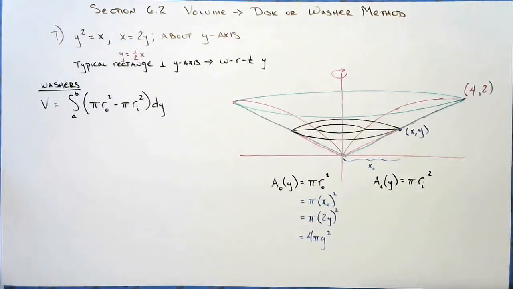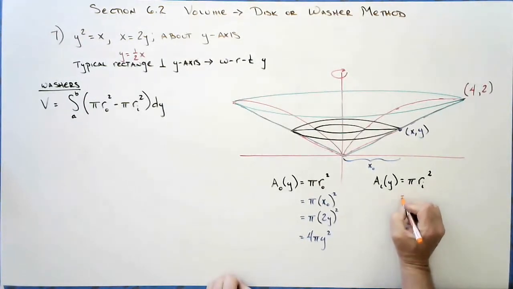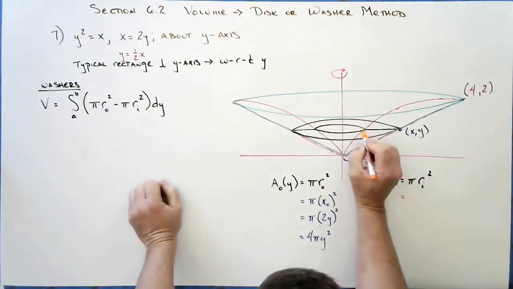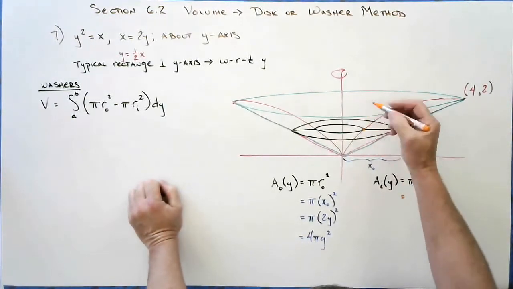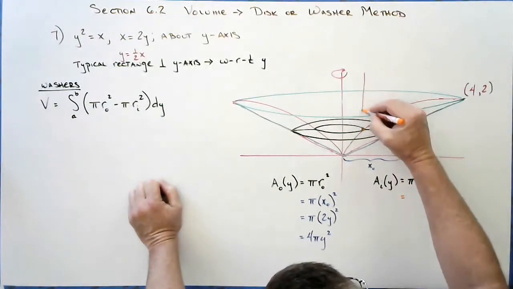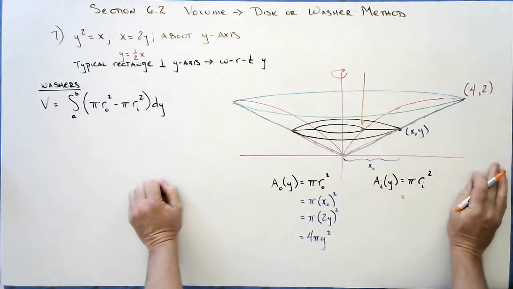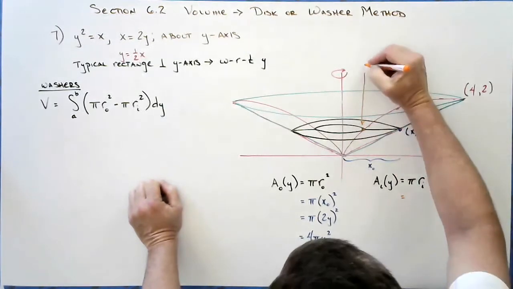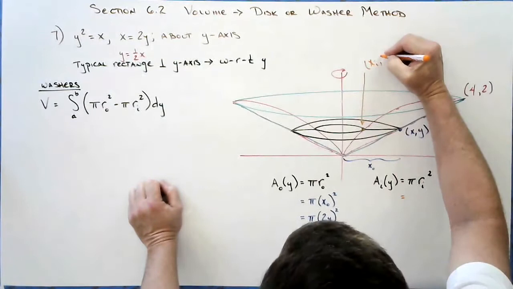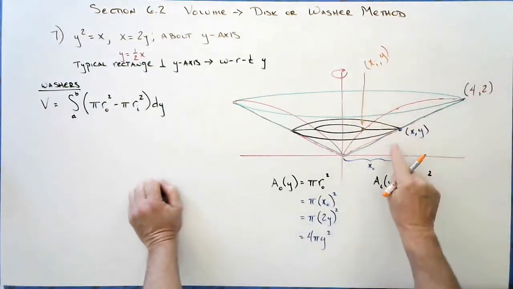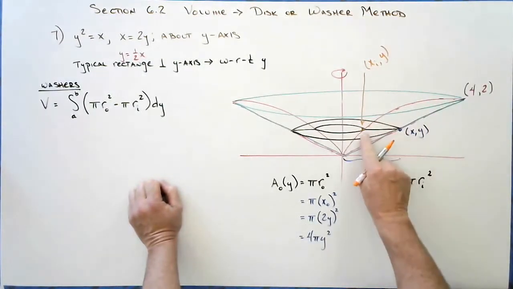Now, our next task is to do the same kind of analysis, but in terms of the inner area. Again, this point is kind of difficult to see, so I'll write it up here. We need to label this point. Well, this is an arbitrary point, so we can call this x, or even x sub I. It has the same y value because here we have a horizontal slice.